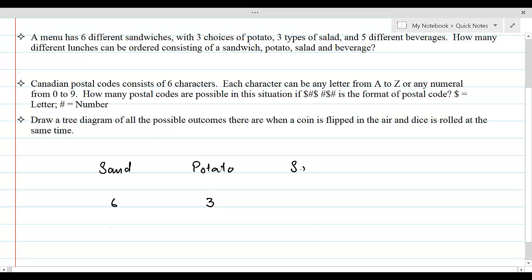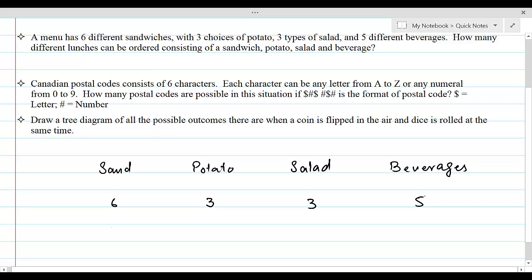So salads are 3, and there are 5 different types of beverages. So let's write that down. Beverages, and these are 5 different types.